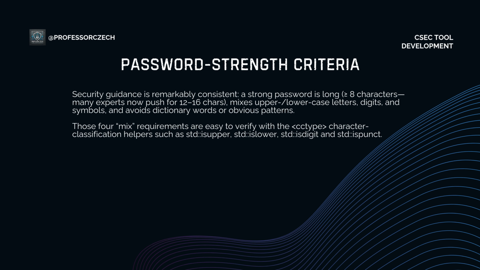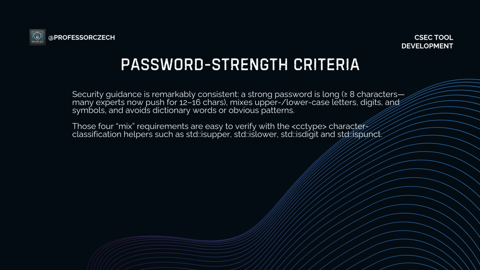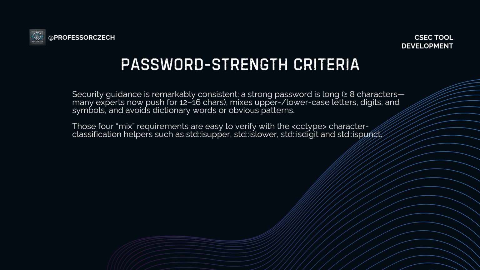So, in the spirit of memory safety and best practices whenever it comes to memory handling, we are going to create a password strength checker. Security guidance is remarkably consistent whenever it comes to a strong password. It should be over 8 characters long, and many experts now push that between 12 and 16 characters, mixes of upper and lower case, digits and symbols, and avoids dictionary words or obvious patterns.